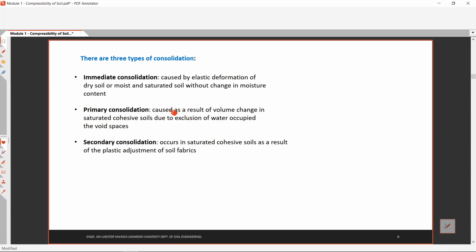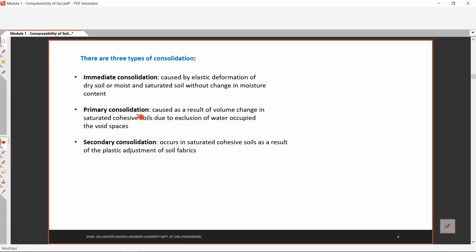So the same scenario dun sa cylinder setup natin sa laboratory kanina. Okay. However, secondary consolidation occurs in saturated cohesive soil as a result of a plastic adjustment of soil fabrics. So yung secondary consolidation is mas matagal compared to the primary consolidation. So unang mangyayari primary consolidation, next is secondary consolidation.